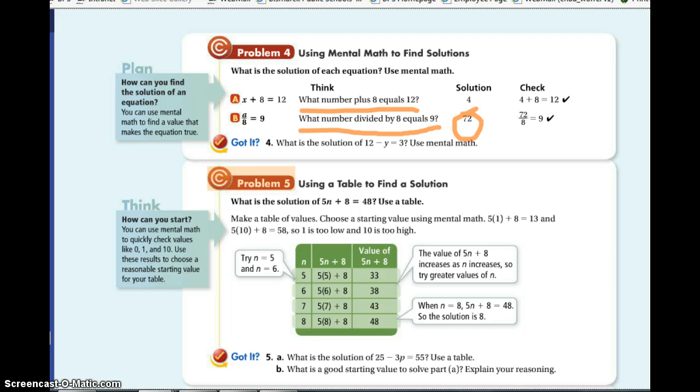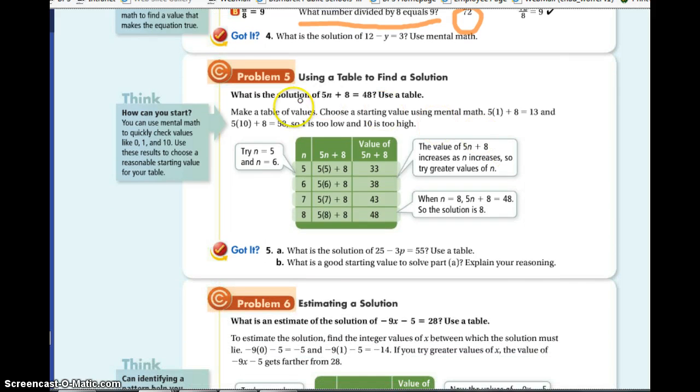All right. Now, one way to help you out when working out some of these problems is you can create a table. So take a look at the table that they made. The equation was 5n plus 8 equals 48. And they want you to just put some numbers in there. Just start picking numbers. So here they decided to start with 5. You may want to start with 6, you may want to start with 1, you may want to start with 10.